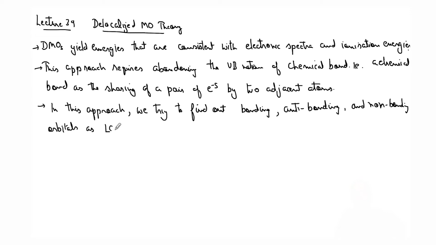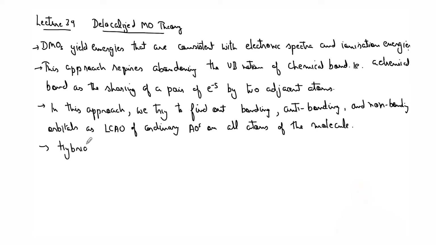But here it is done as a linear combination of ordinary atomic orbitals on all atoms of the molecule. So there is no hybridization to start with. Hybridization is actually the product of wave functions, right? So that is not a starting point here. So this has to be very, very clear.